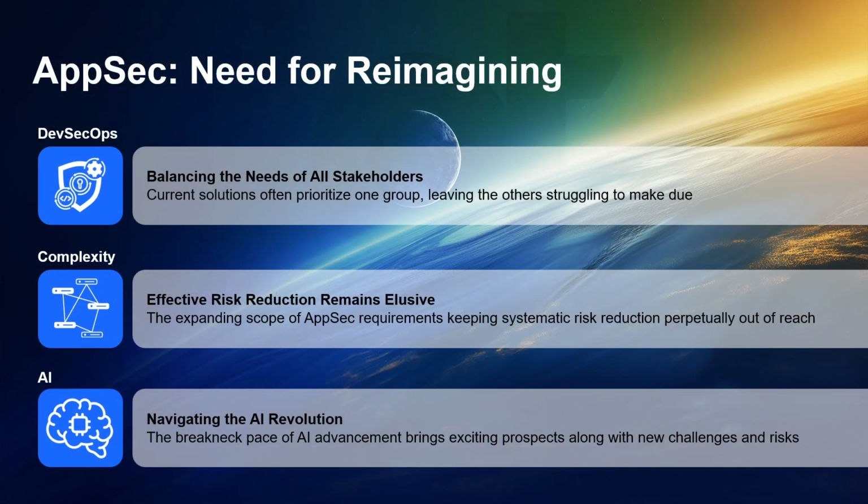To understand the role of SAST Aviator, it's good to look at the main strategic drivers of the application security landscape today. We see three of them. The first is DevSecOps, integrating application security in the development processes so you can be at the same time fast, agile, and secure.